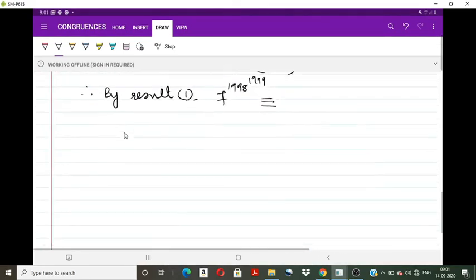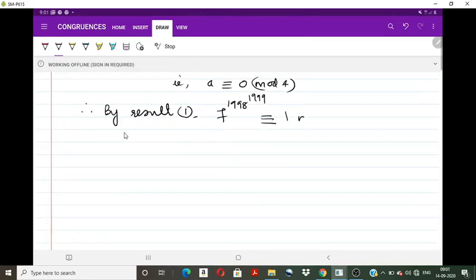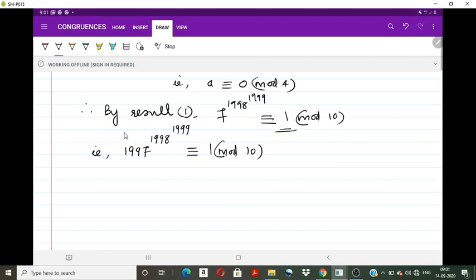So 7 raised to 1998 raised to 1999 is congruent to 1 modulo 10. So the last digit in the decimal expansion of this value is 1. Hence the proof.